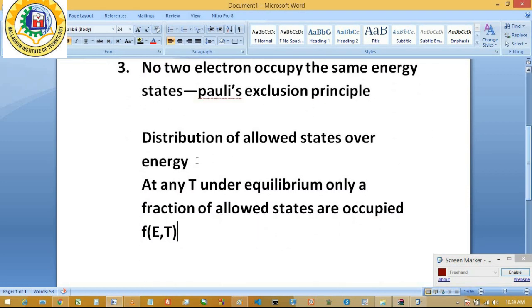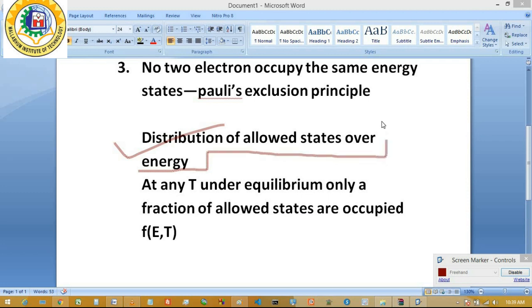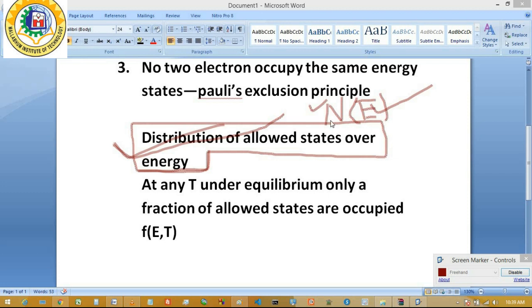The second tenet tells us about the distribution of allowed states over energy, that means how many energy levels are available for the electrons to occupy. That distribution is represented by N, the energy state distribution, and E is the energy. So the distribution is a function of energy, represented by N(E). The distribution of allowed states over energy is the second tenet.